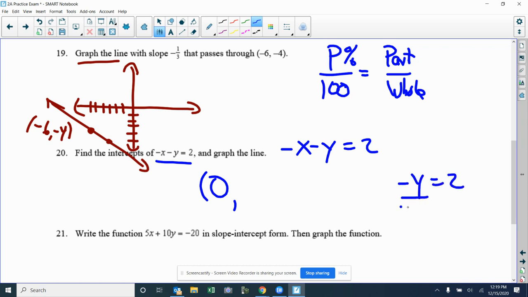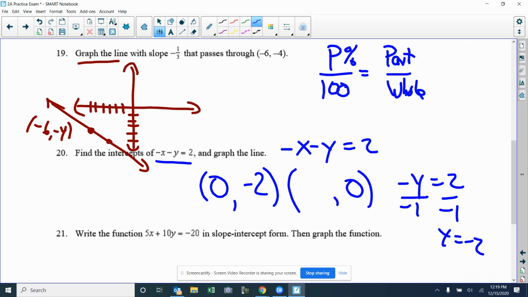So then you're going to divide by -1, so y would be -2. Okay, what's the other thing we've got to put in? 0 for y. If I put 0 in for y, I'm going to get -x equals 2. Divide by -1, I'm going to get x equals -2.